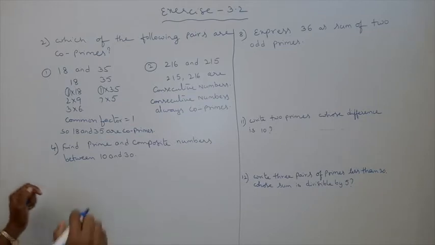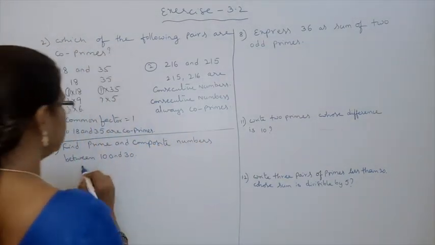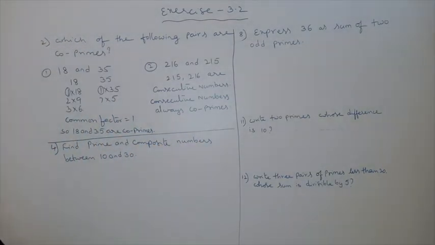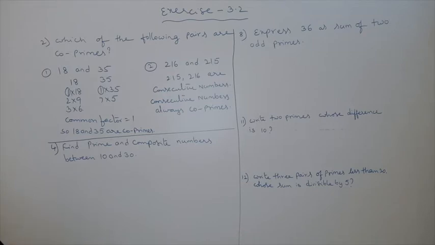Next, find the prime and composite numbers between 10 and 30. First we have to write the numbers between 10 and 30, then from that we take out which are prime numbers and which are composite numbers.